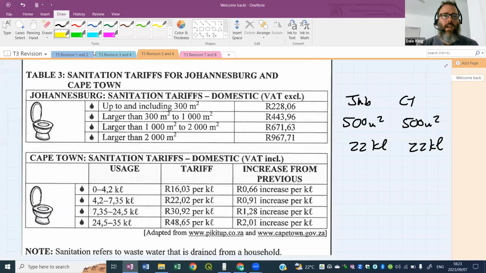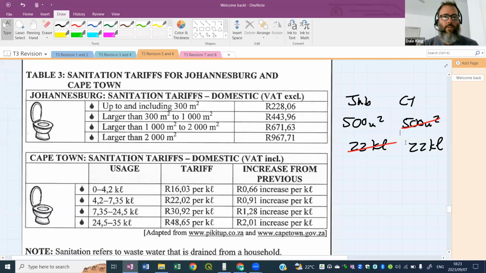We can see here that they base their tariffs on house or property area, yeah? Yes. So do we need to even worry about this 22 kiloliters for Johannesburg? No. You're just doing the calculations for Cape Town. Yeah. So the 22 kiloliters is for Cape Town. The 500 meters squared is for Joburg. So I'm going to cross out here. We don't worry about area in Cape Town, just the kiloliters. In Joburg, we worry about area.